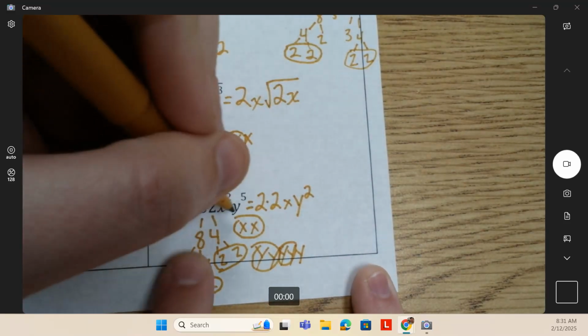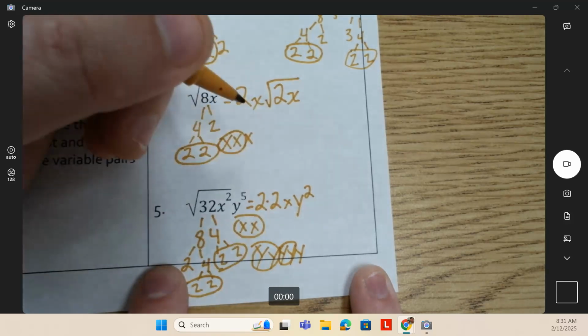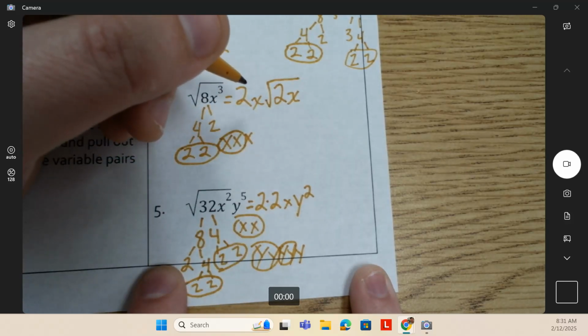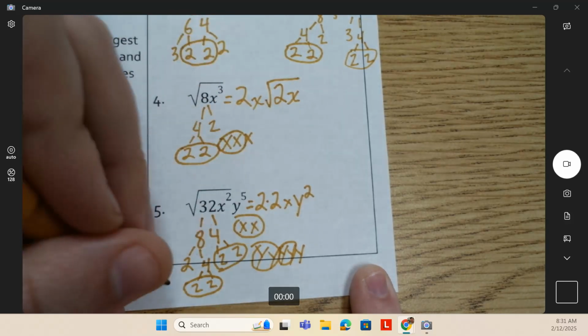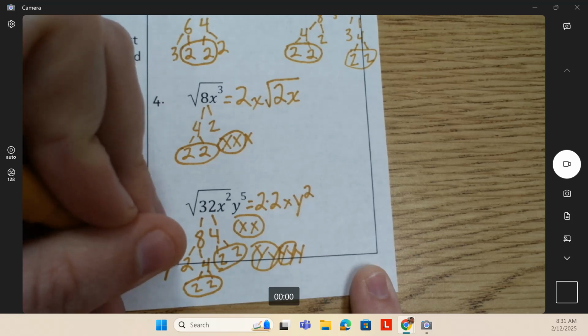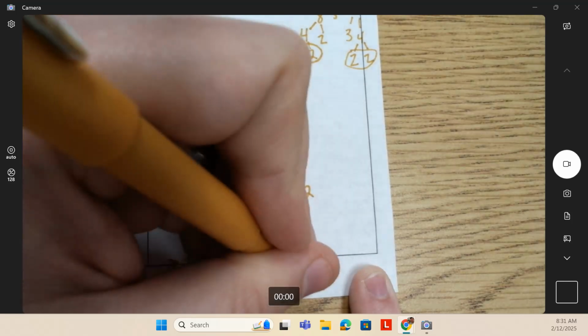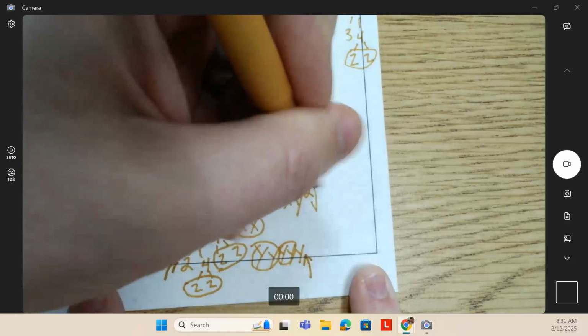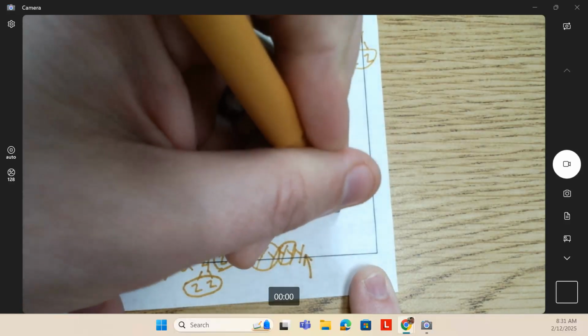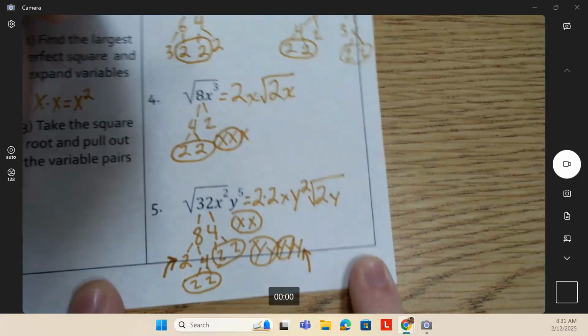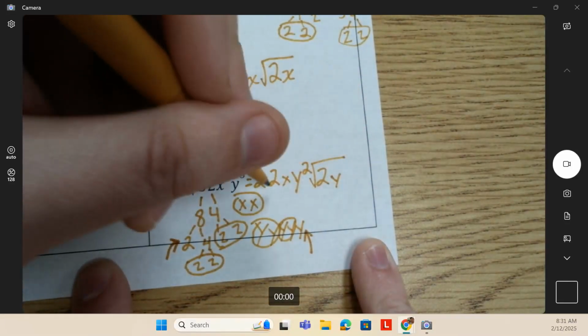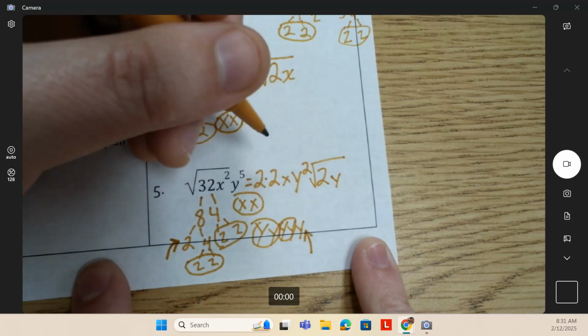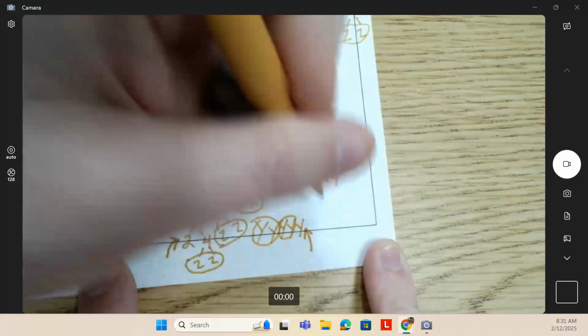Same thing as if I had two groups of twos, I could make that 2 squared would be exactly the same. And let's not forget, over here, there's a 2 that was left out. Over here, there's a y that was left out. So those go back inside the house as 2y. And I didn't multiply that together yet. So let's go ahead and do that, and we'll have our final answer.